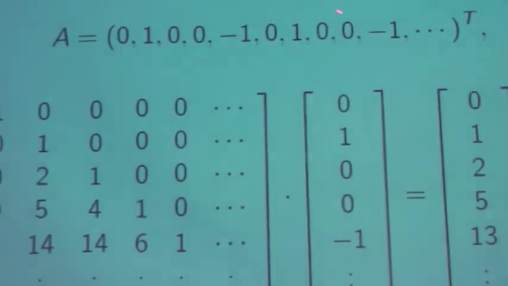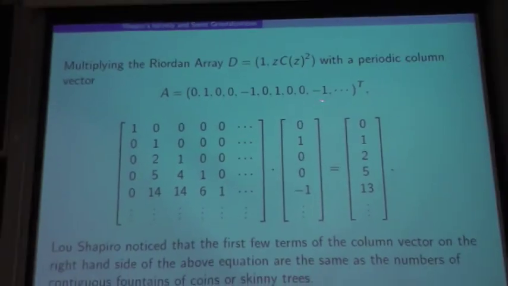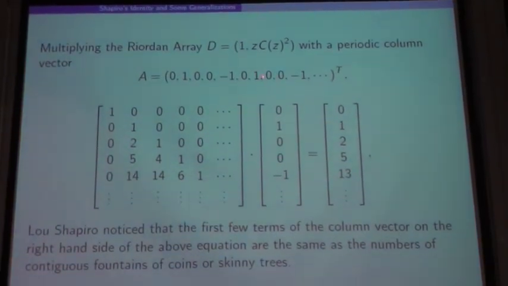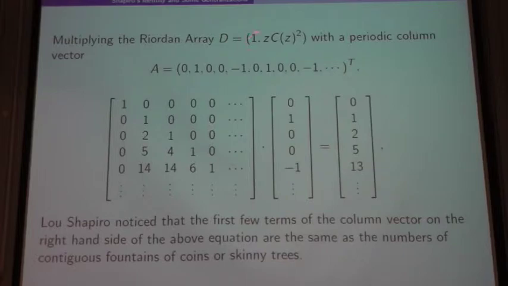He looked at these reordered arrays, and he multiplied it. Don't ask me where he got this column vector from. Somehow, out of the blue, he multiplied his reordered array by this column vector and got this sequence here. Do you recognize this? These are every other Fibonacci numbers, the ones we've been talking about before. Okay? It's a completely different approach.